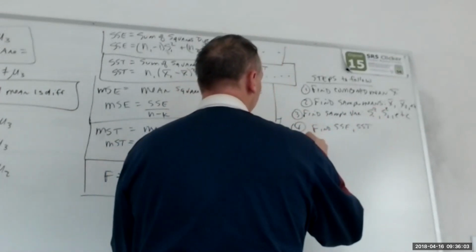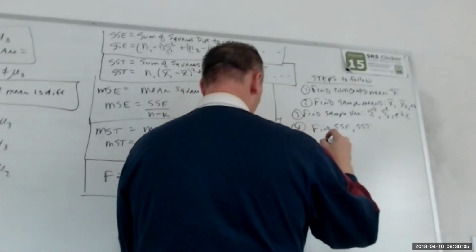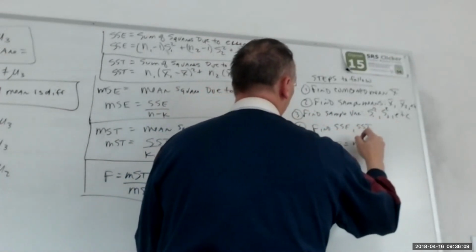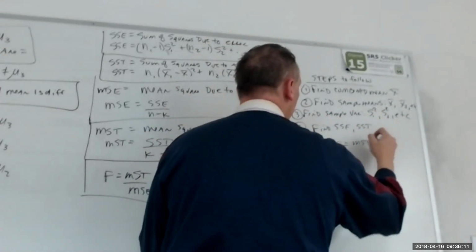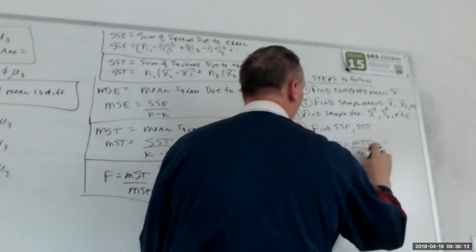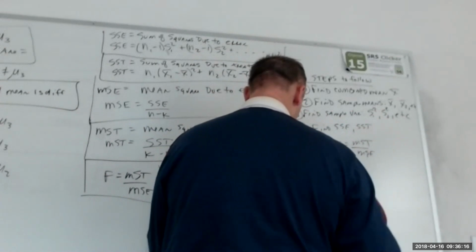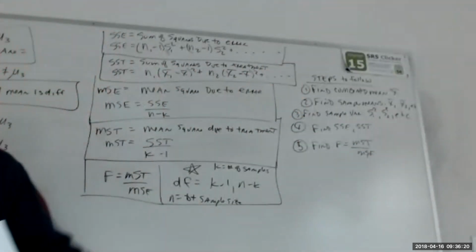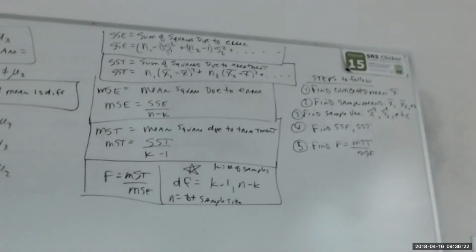And step five, find F, which equals your MST divided by your MSE. And then just remember your degrees of freedom that I've got right here. That's the one thing you're going to have to remember.